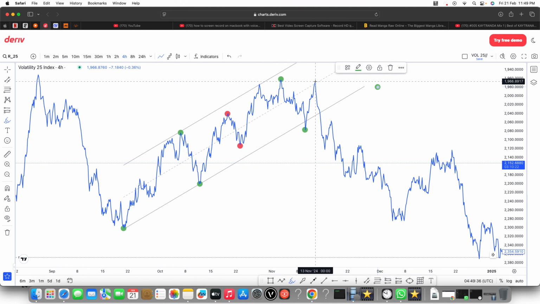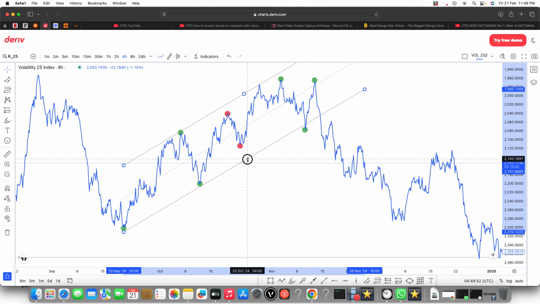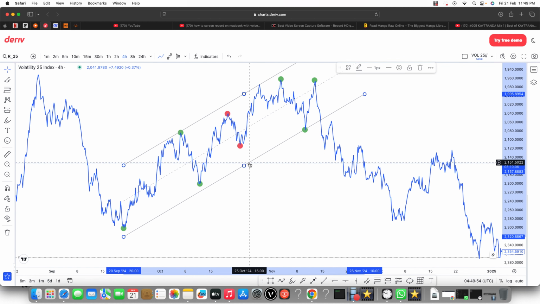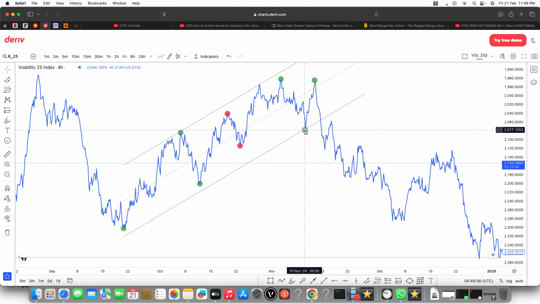This external low put in this external high, and this high was where we broke out of the uptrend. This is where the uptrend was broken out of this specific area of price. That was where we had a market structure shift.